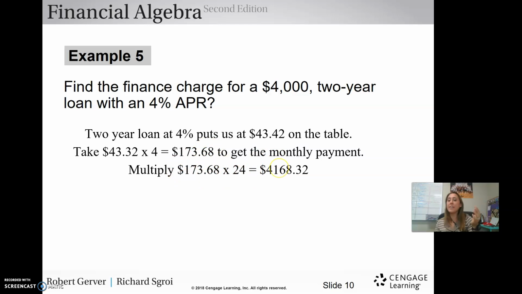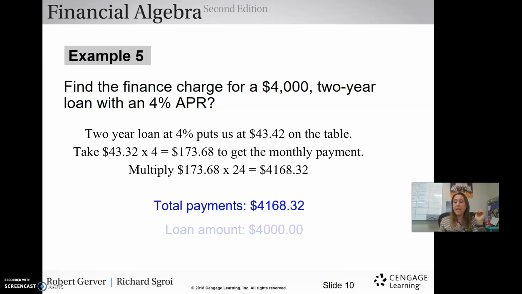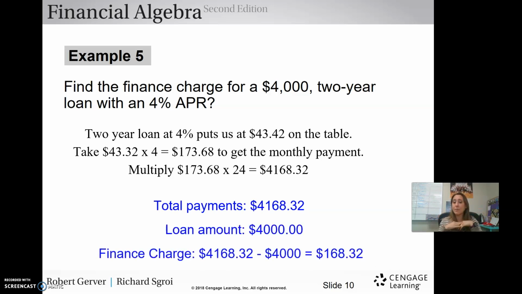So remember, to find a finance charge, or the interest charged on that loan in dollars, we take the total of the monthly payments and the original loan amount, and we find the difference between the two. And the difference is $168.32. So this person is going to pay that much interest on this loan.